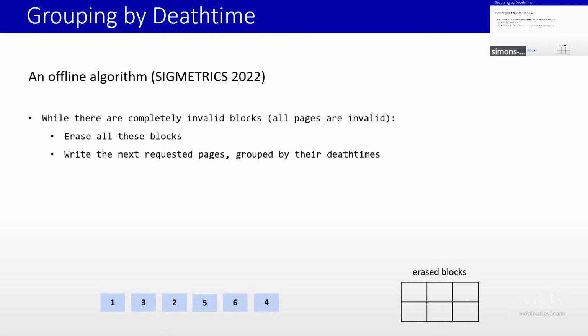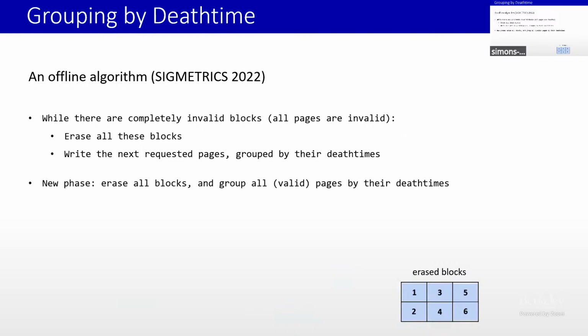I'm going to sort them according to their death times and write them to the blocks in this order. So assuming these numbers indicate the death times, this is how I'm going to write them into the blocks. This while loop repeats as long as I have completely invalid blocks.